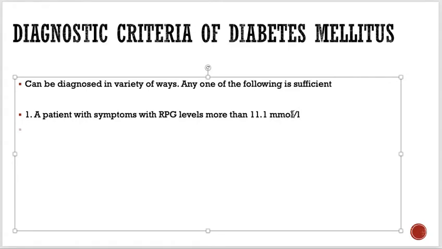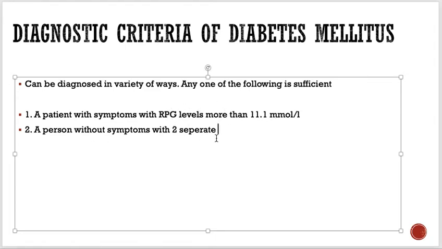Now the second thing: a person, I'm not using the word patient because we don't know whether they have diabetes or not, so a person without symptoms. A patient with symptoms needs just one value of random plasma glucose of more than 11.1.